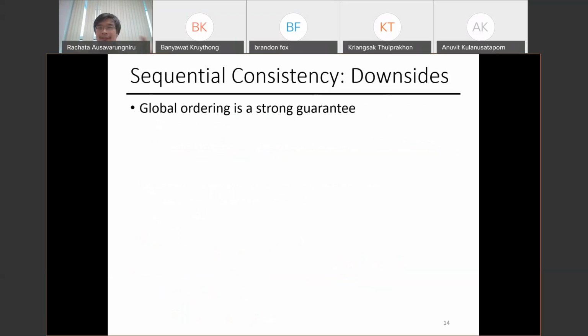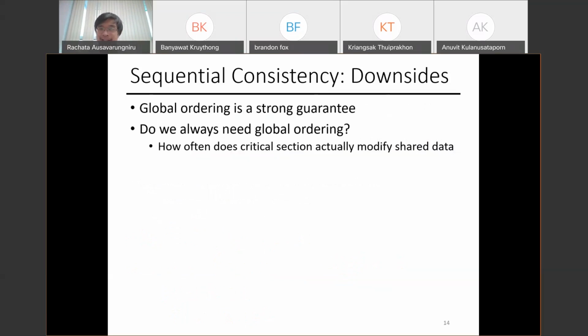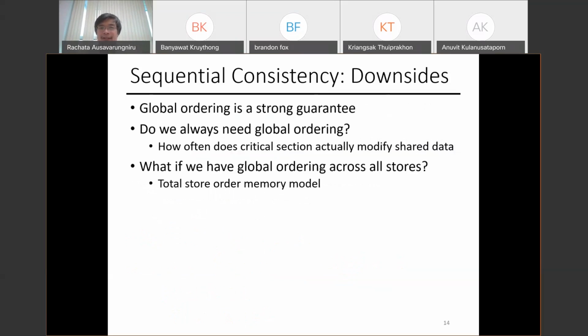What are the downsides? Global ordering is a strong guarantee. Do we need global ordering? Basically, how often does a critical section actually modify the shared data? My second question is, what modifies the data between load and store? What will modify my content in the memory?